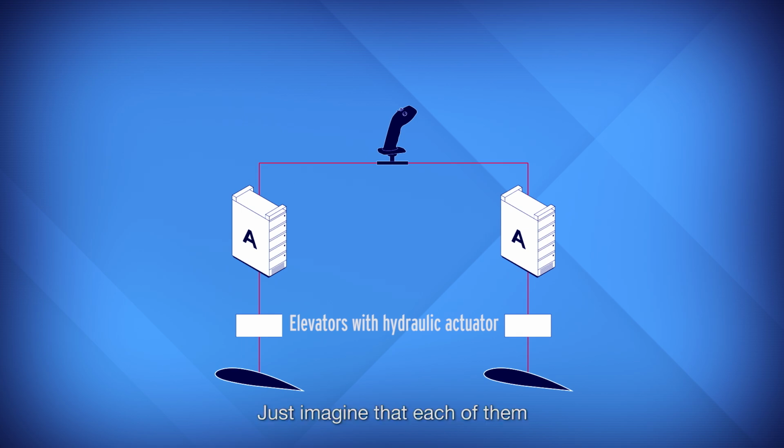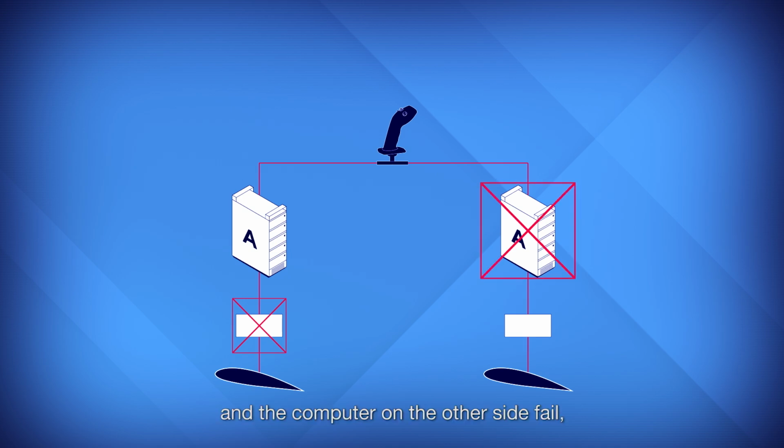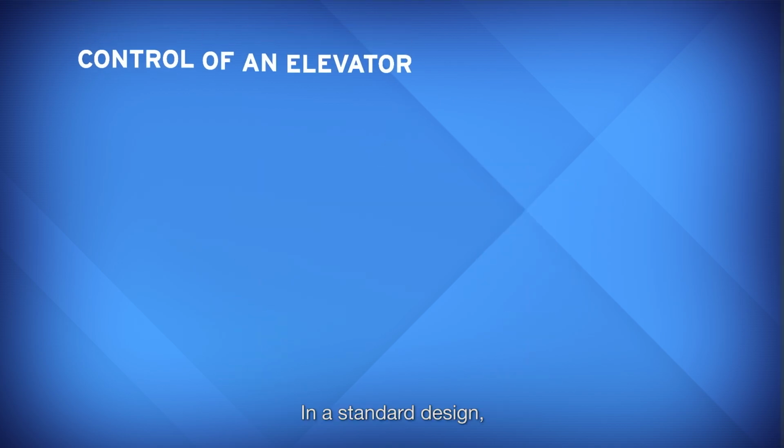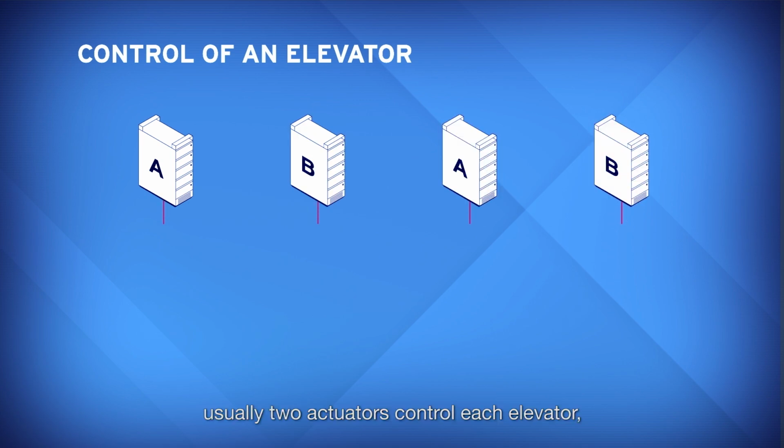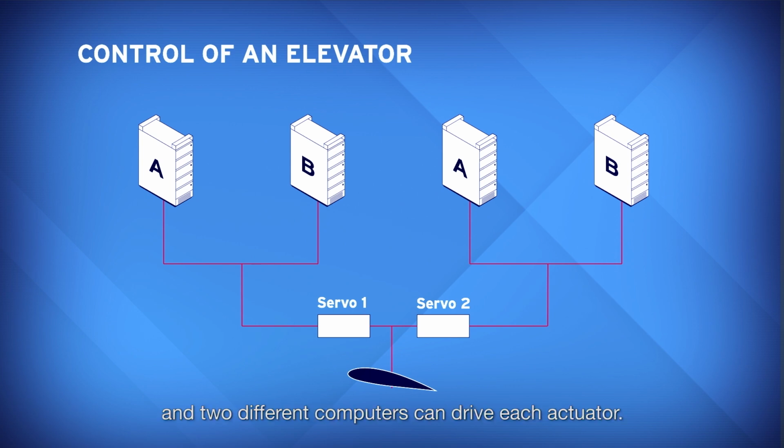Just imagine that each of them only had 1 hydraulic actuator, driven by 1 computer. If the hydraulic circuit on one side and the computer on the other side fail, both elevators would be lost, which is obviously unacceptable. In a standard design, usually 2 actuators control each elevator, with different hydraulic circuits, and 2 different computers can drive each actuator.